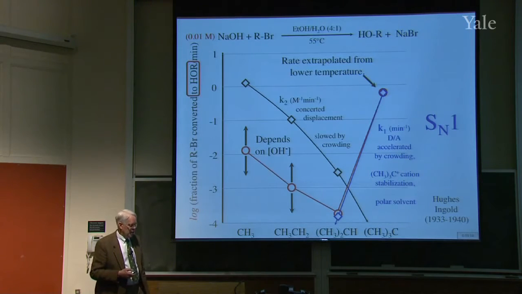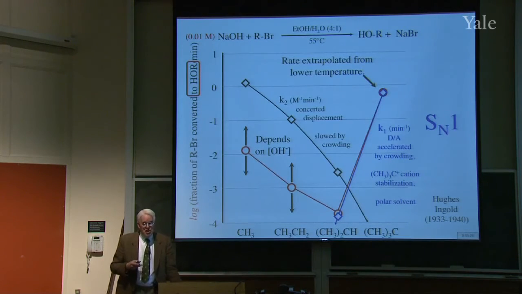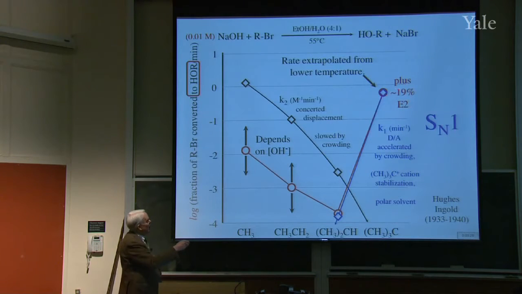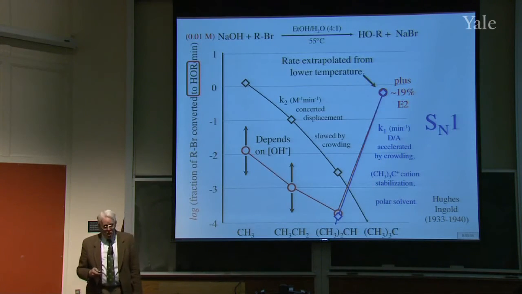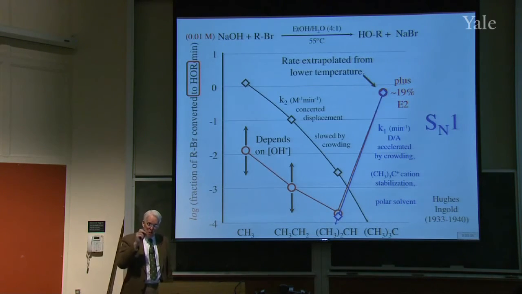This is how much is converted to HOR, but some of the starting material is not converted to HOR. Some of it undergoes elimination. So at this stage, 19%, about 1/5 of the product, is in fact the elimination product, E2, where the base attacks the adjacent hydrogen rather than waiting for it to ionize.